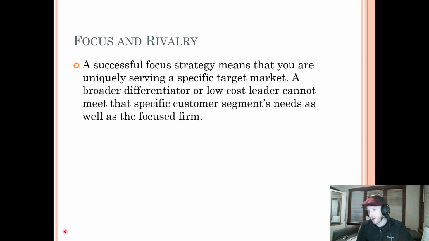So, as with the others, we'll go through the five forces really quickly. A focus strategy means that you are uniquely serving a target market. All right. So, with regards to rivalry, a broad differentiator or a low-cost leader ideally cannot meet that segment's needs as well as you can if you're the focused firm.